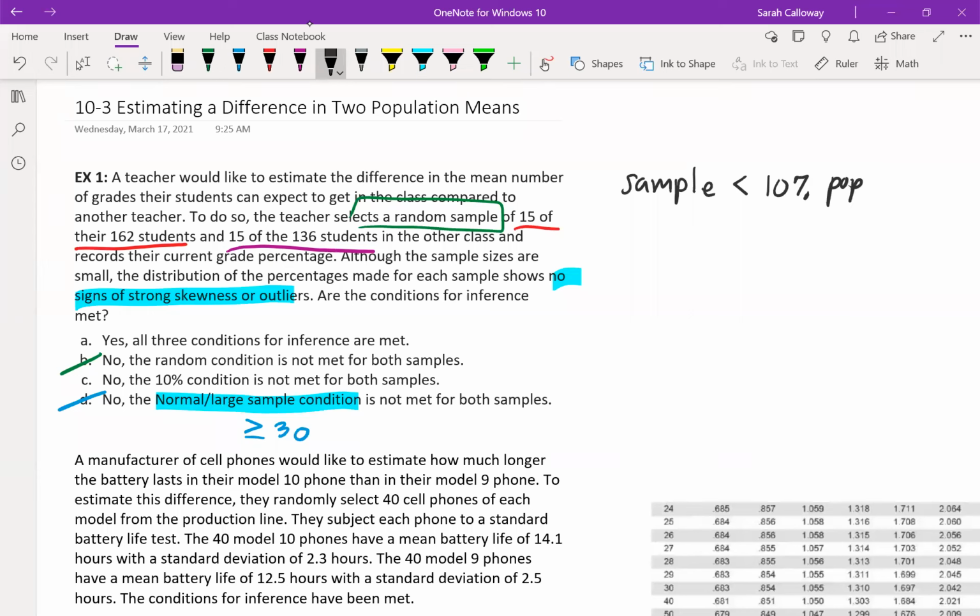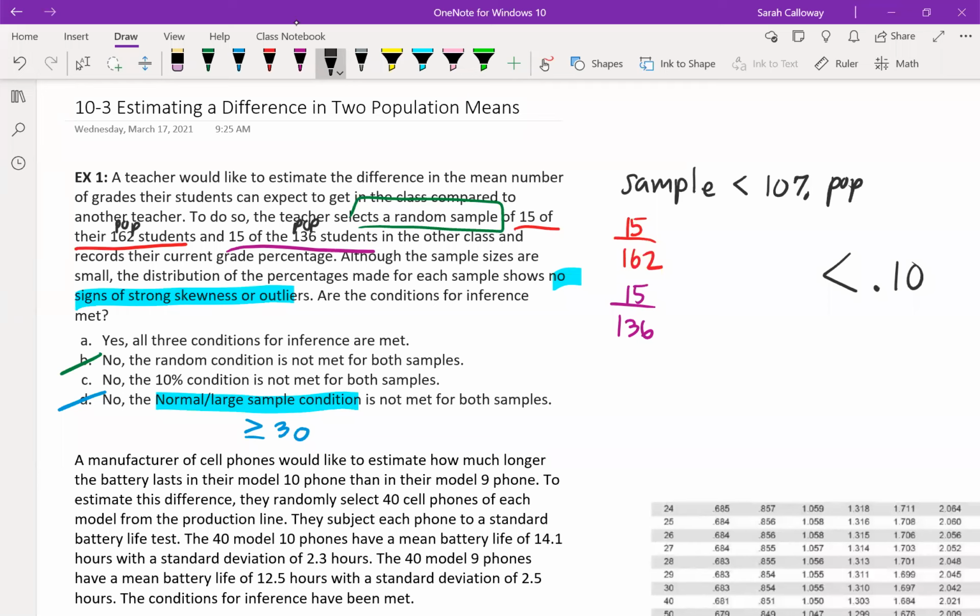And so when I'm thinking about this, the population values are the number of students that the teachers have. And then the sample sizes are the ns listed. They're both 15. So if I look at the first sample, 15 divided by 162, and the second sample, 15 divided by 136, both of these numbers must be less than 0.10 in order to meet the condition.